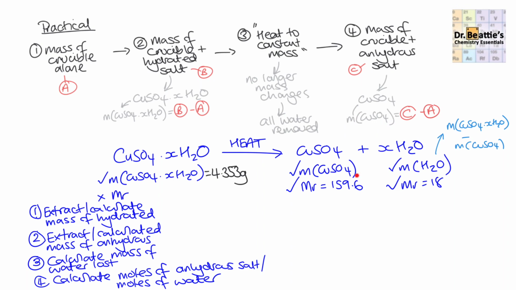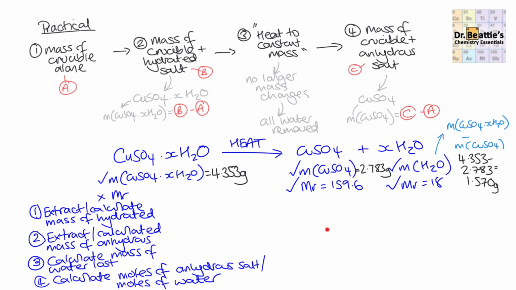And we worked that out to be 2.783 grams. So what we can do is, as we said here, we've extracted the mass of the hydrated and the anhydrous. We're going to calculate the mass of the water lost. So we're going to do hydrated minus the anhydrous, which gives us the answer of 1.570 grams.